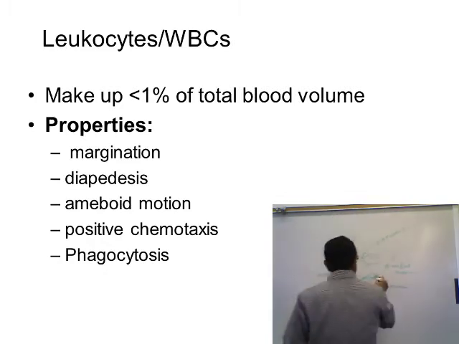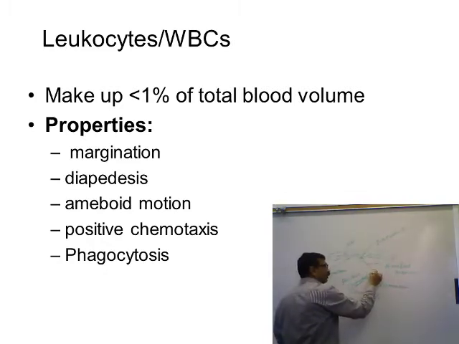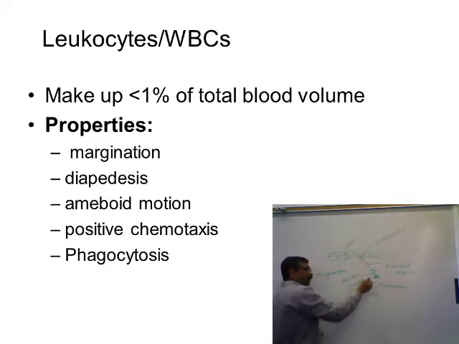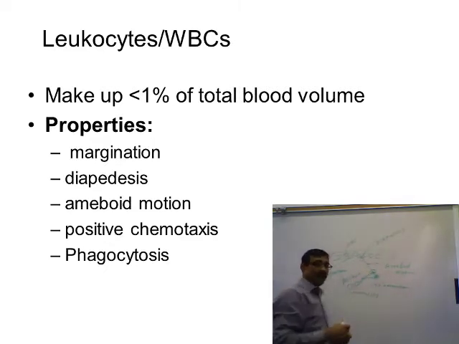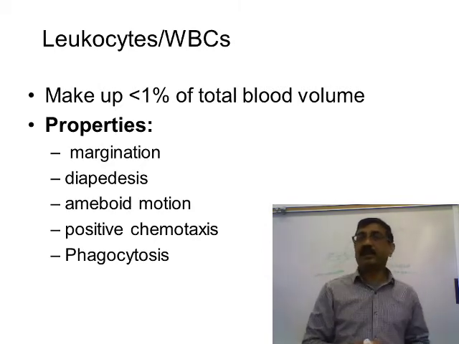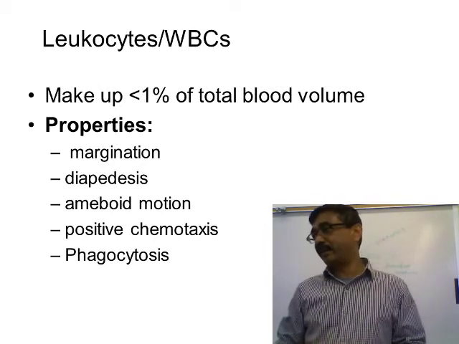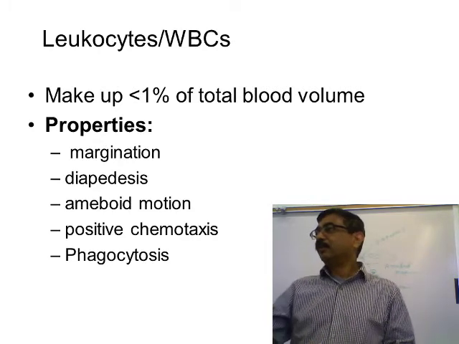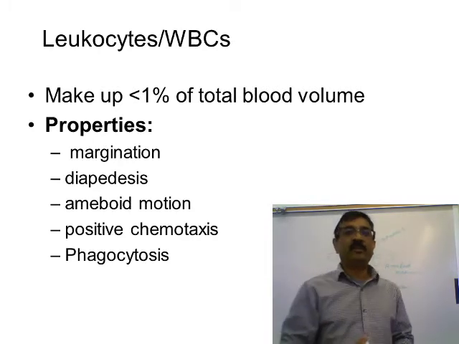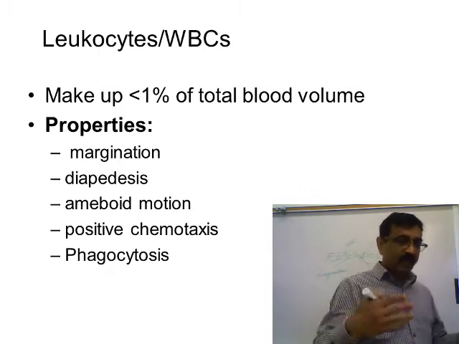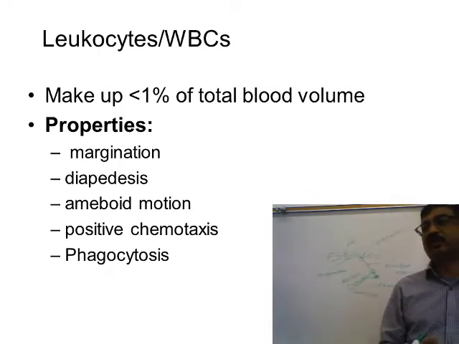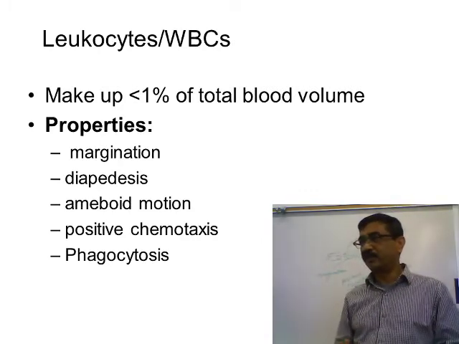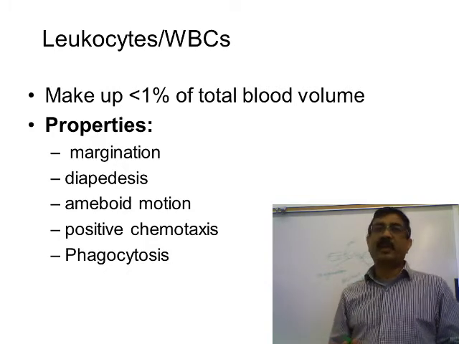And why will white blood cells go to the site of inflammation? To engulf the microorganisms and dead cells. At the site of inflammation, some cells die. So they will engulf the dead cells to clean that area and also destroy the microorganisms by phagocytosis.